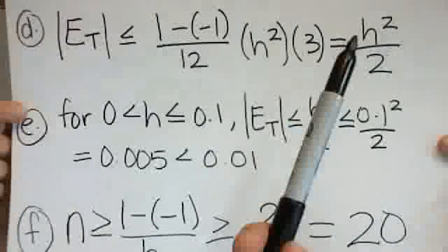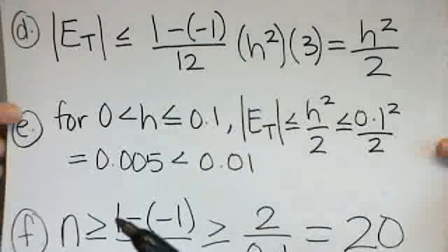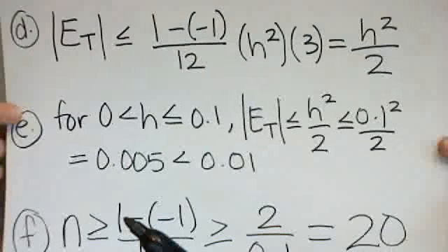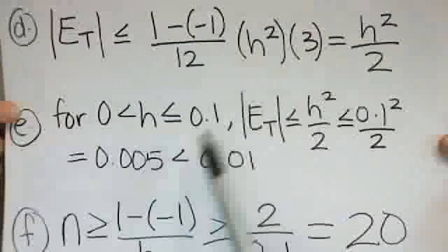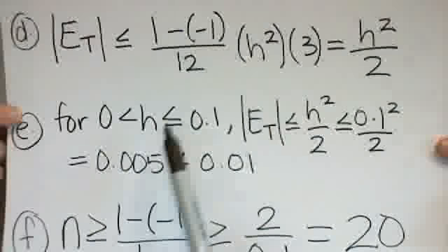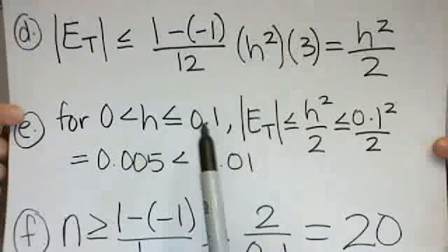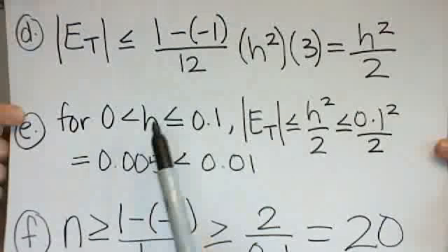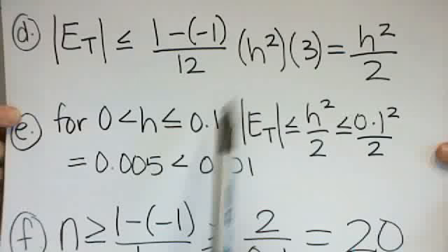So for part E, it says, show that the trapezoidal rule error will be less than or equal to 0.01 if h is less than or equal to 0.1. So you solve the equation for h, for it being between 0 and 0.1.